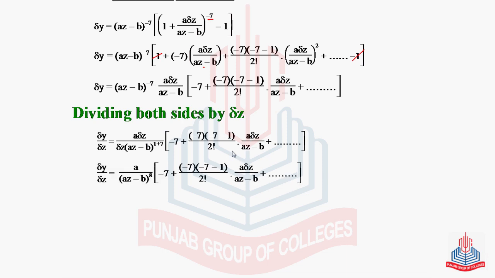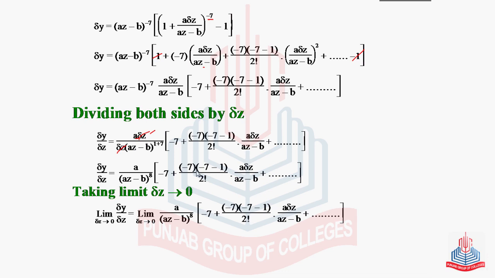So by cancelling this delta z, we have left a into az minus b raised to the power 8, and this one is the same remaining portion. Now taking limit delta z approaches 0, delta y by delta z is equal to limit delta z approaches 0, a over az minus b raised to the power 8 into minus 7 plus minus 7 into minus 7 minus 1 over 2 factorial and a delta z over az minus b, and so on.